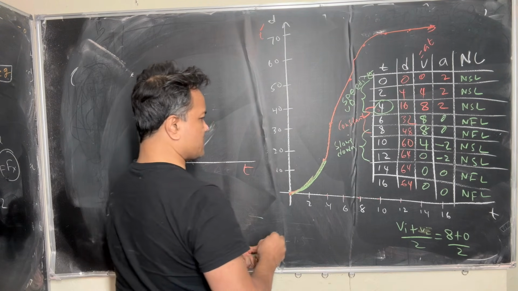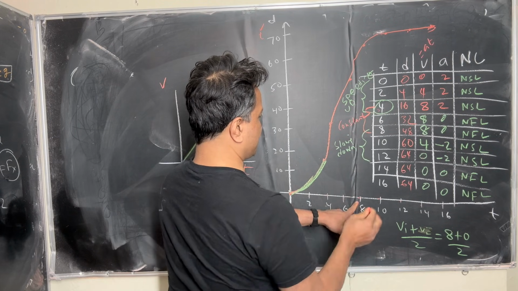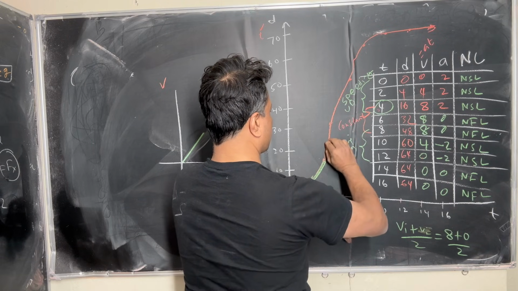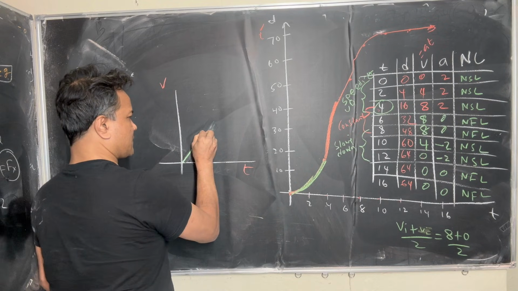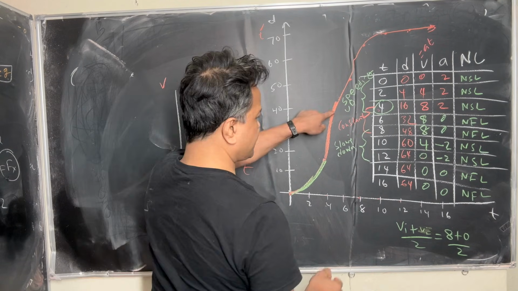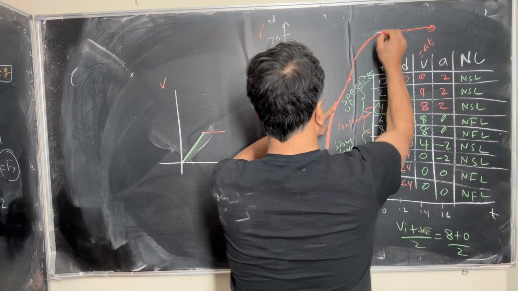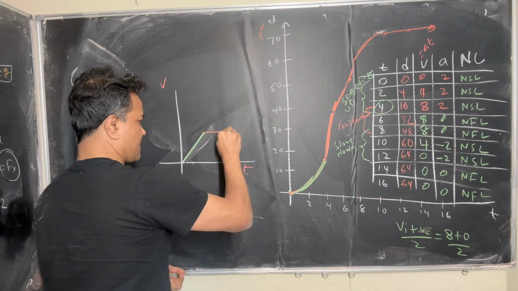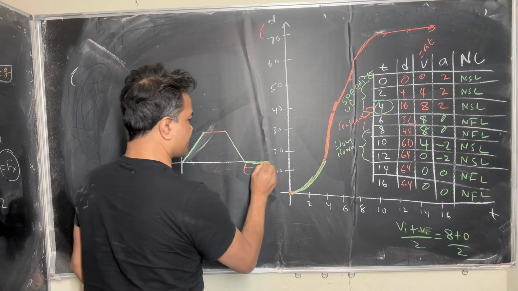This is constant velocity from 4 second to 8 second. This is 8. From 4 to 8 second is constant velocity, and 8 second to 12 second is slowing down, and 12 second to 16 second is at rest.